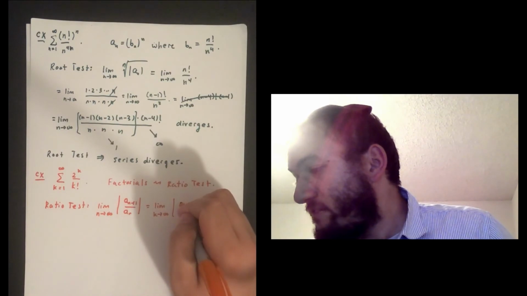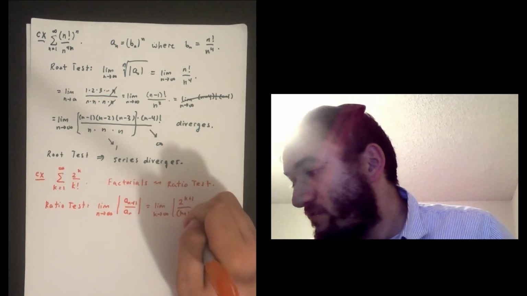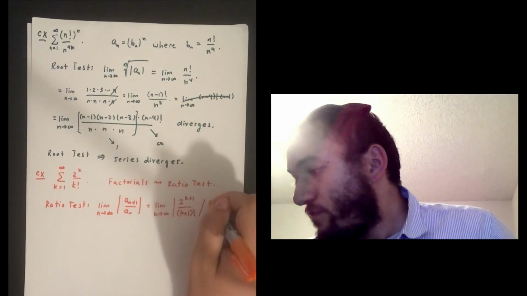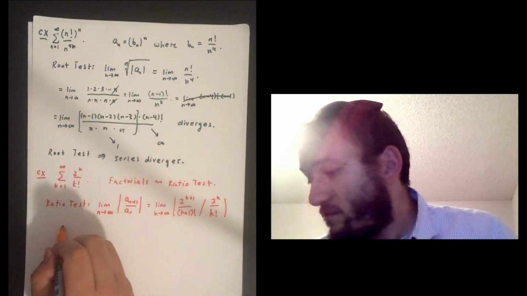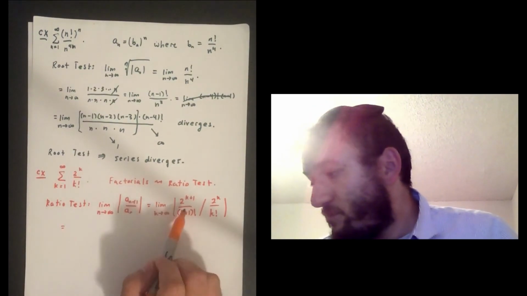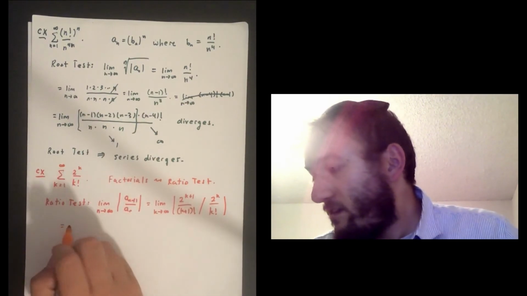Absolute value of 2 to the k plus 1 divided by k plus 1 factorial over 2 to the k divided by k factorial. Okay, keep the first one in the same order, flip the second one, and then multiply.